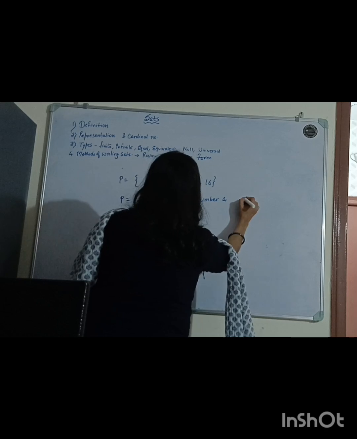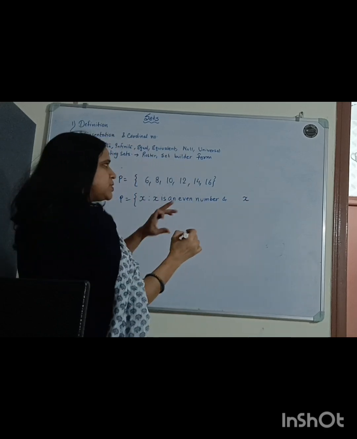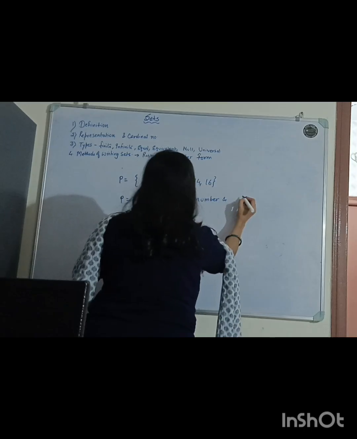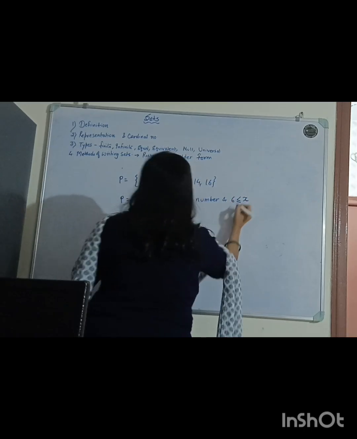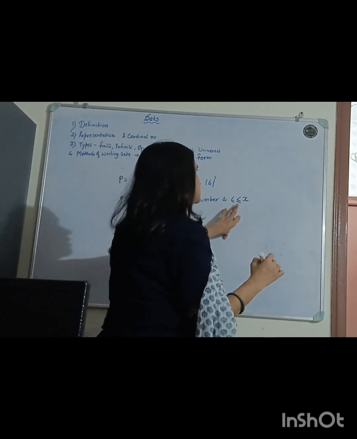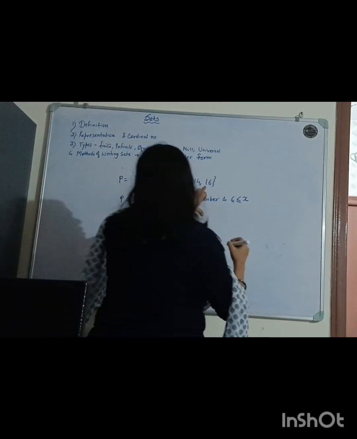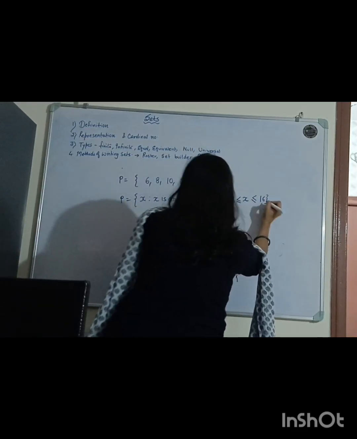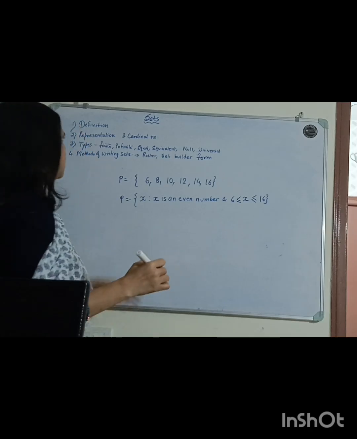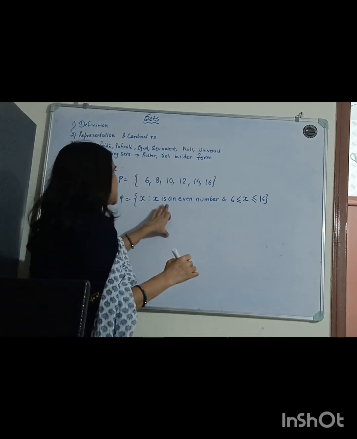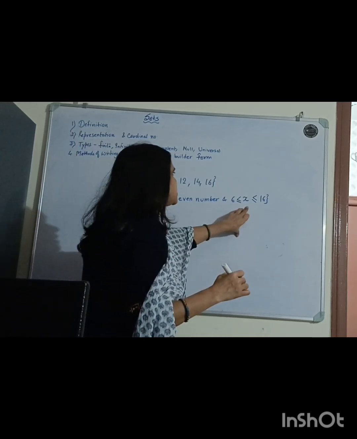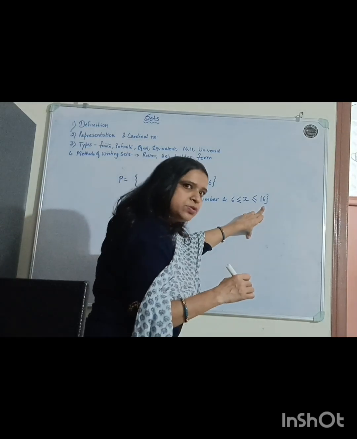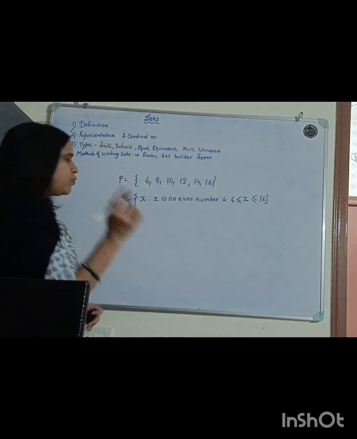Since x can be equal to 6, we will write x is greater than or equal to 6, and x is less than or equal to 16. In this way we will write the set in set builder form: x such that x is an even number and x is greater than or equal to 6 and less than or equal to 16.